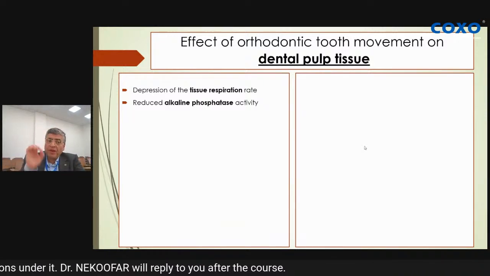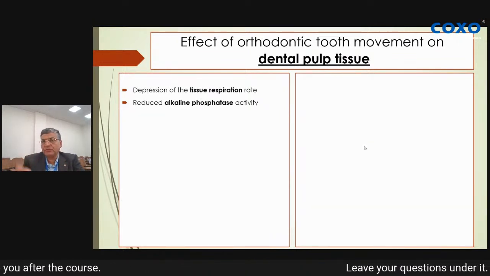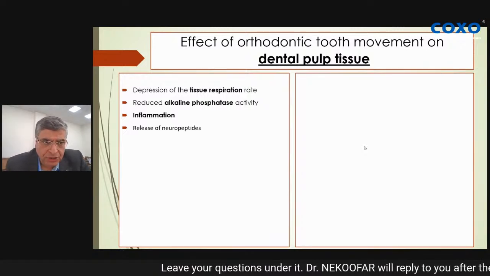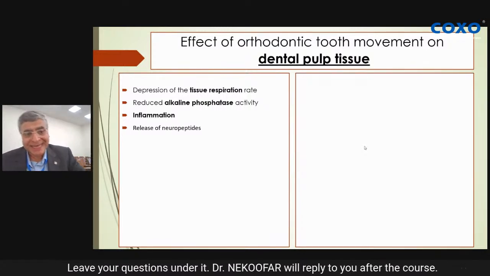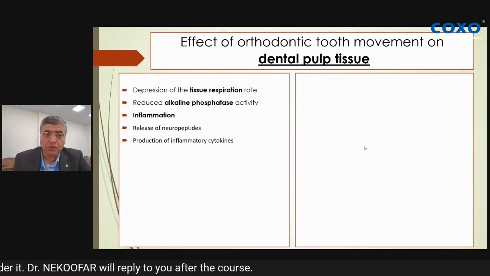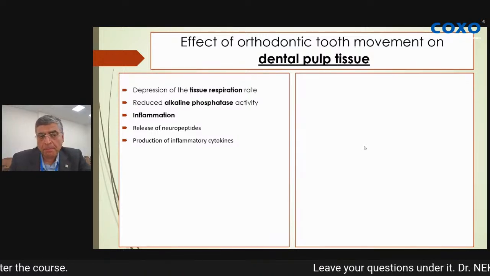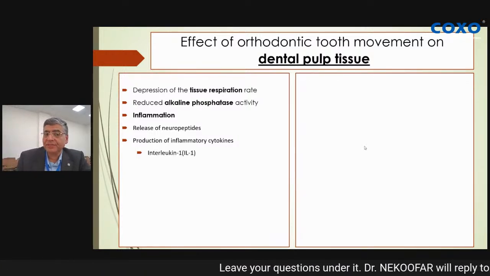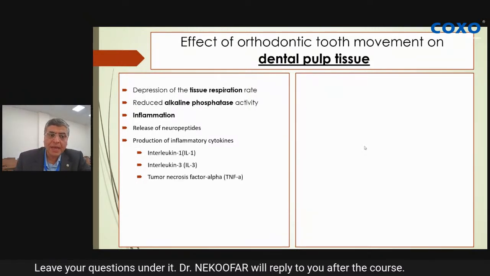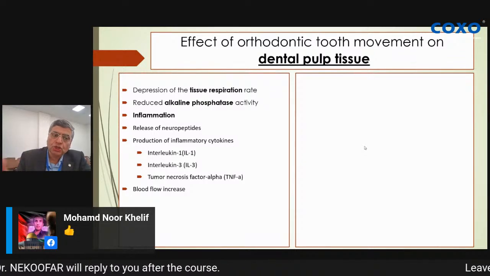And then, very importantly, we can see the activity of alkaline phosphatase will reduce and sometimes end up with inflammation, which releases neuropeptides, a various panel of neuropeptides, and then carries on with the production of inflammatory cytokines, including interleukin-1, interleukin-3, tumor necrosis factor alpha, which you know better than me.